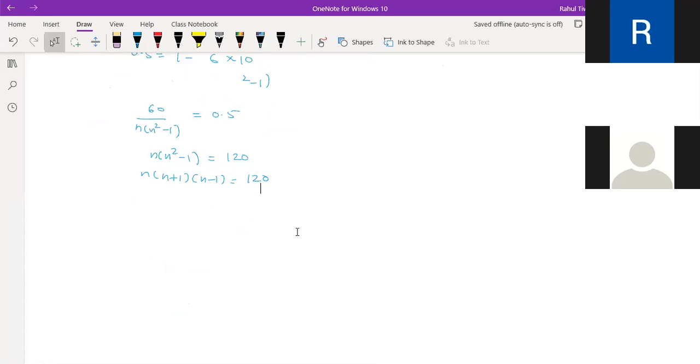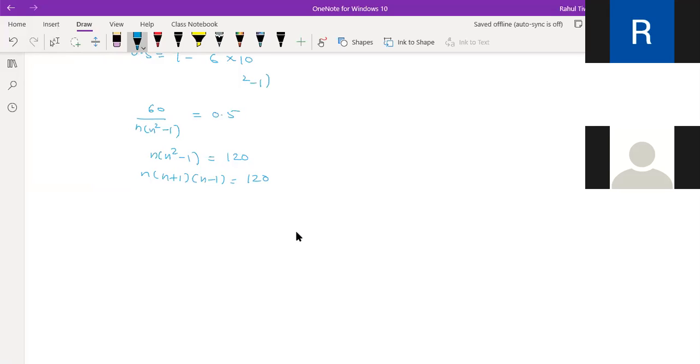Put n is equal to 1. Then here it becomes 0, because 1 minus 1 is 0. Substitute 2: 2 times 3 is 6, and 2 minus 1 is 1, so 6 comes, which is not satisfying this. Substitute 3, 4, 5 and so on.